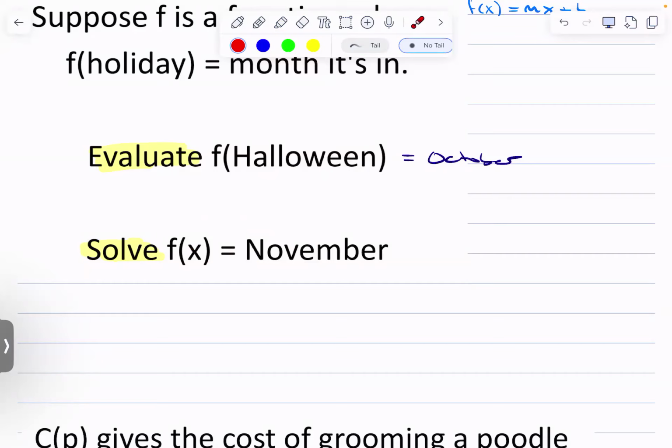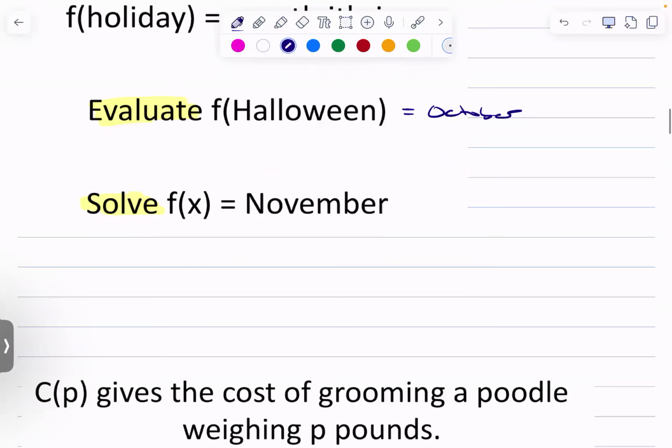Uh-oh, I have to spell it. Remembrance Day. I'll just put a little squiggle through.